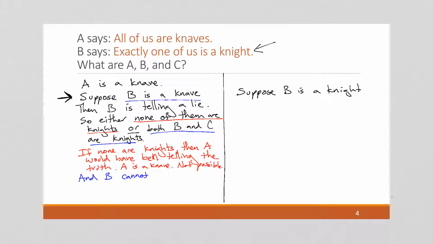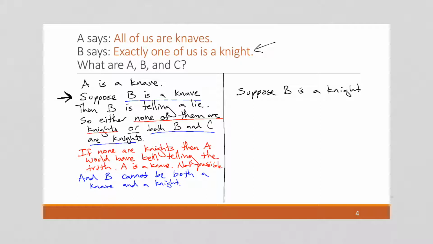So we can't deduce that he's also a knight. So we have our contradiction, right? Because we said that there's two choices. If he's a knave, there's two choices.